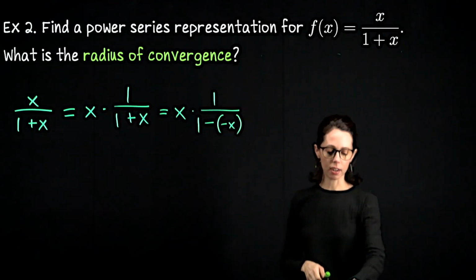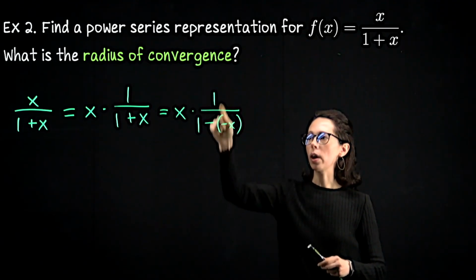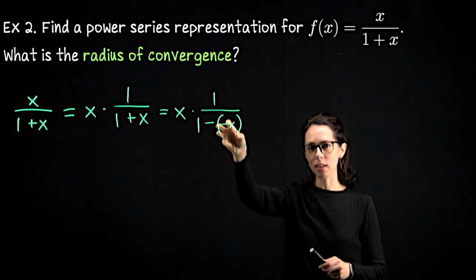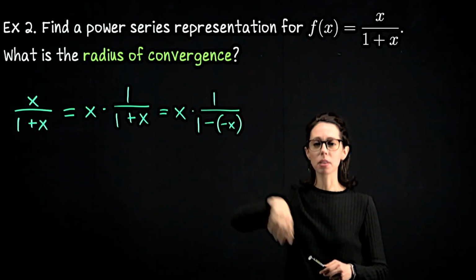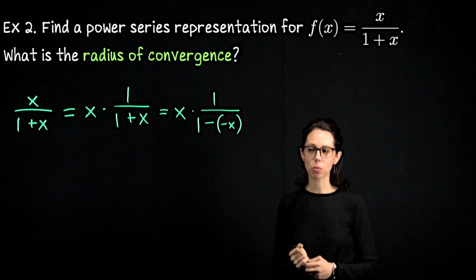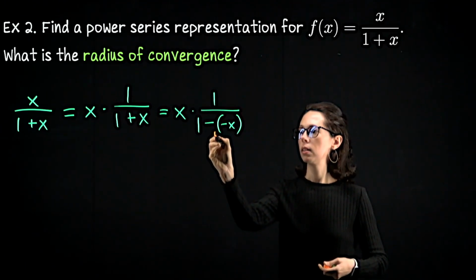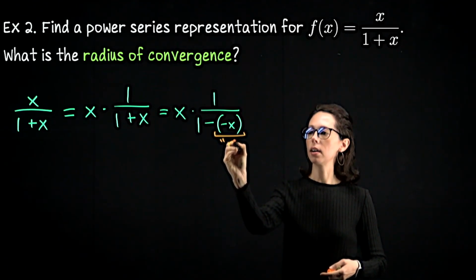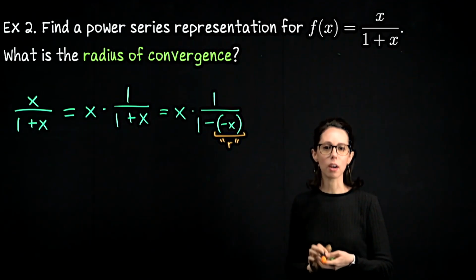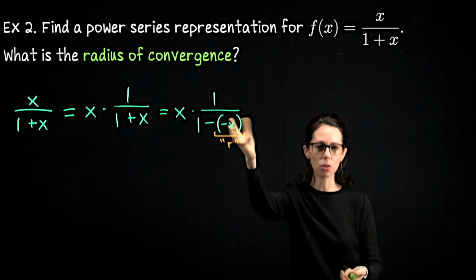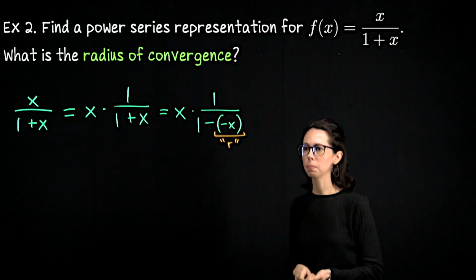We have here the right form, 1 over 1 minus something, and that something turns into the base for a geometric series representation. So this expression right here is like the r when we say 1 over 1 minus r for a geometric series. This is the new version of r for this example.